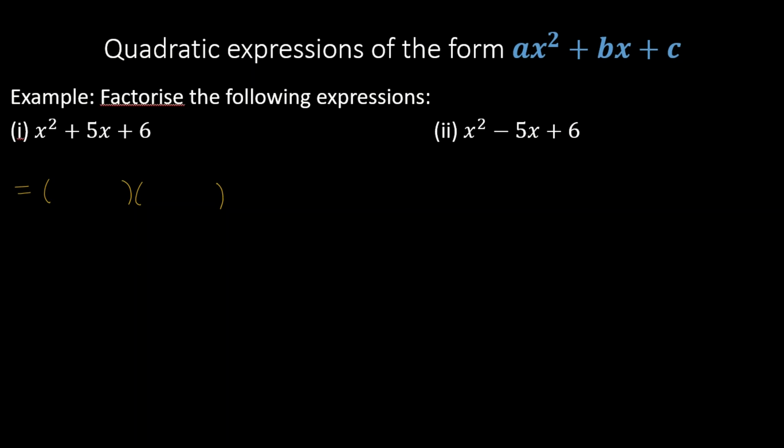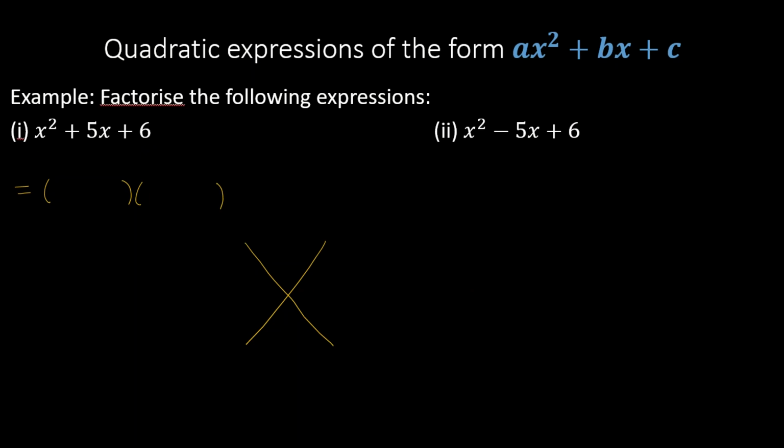Now, the method that we are going to use here is the magic X method. We draw a big X, right? Now let us come back with the given quadratic expression, which is x squared plus 5x plus 6, right?